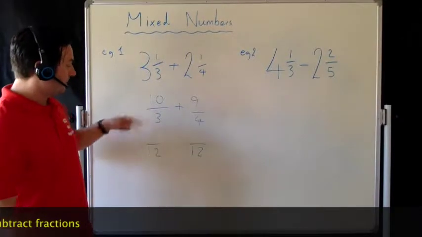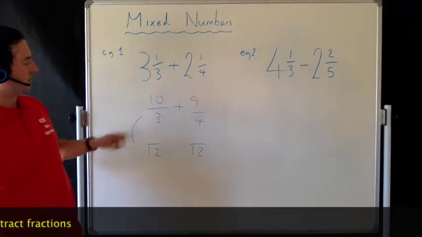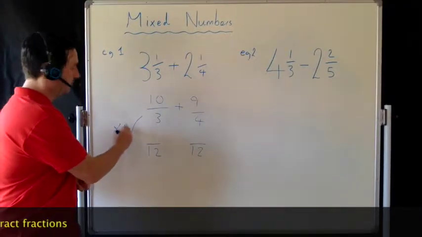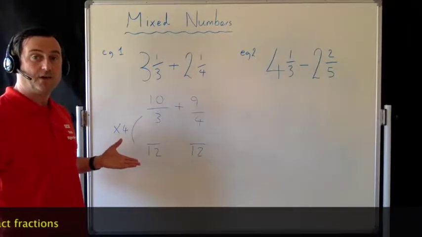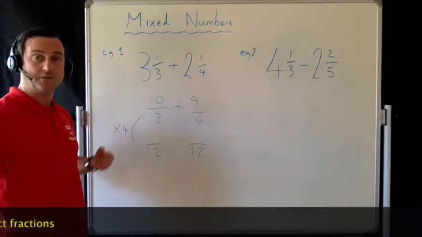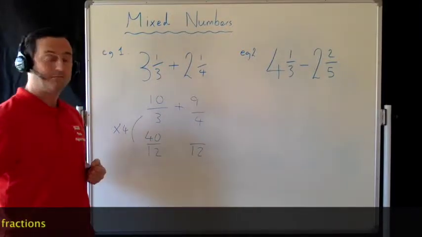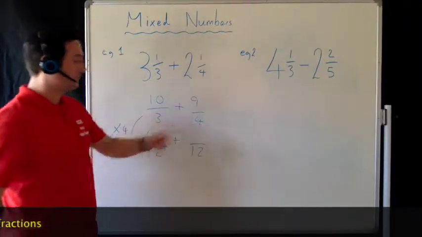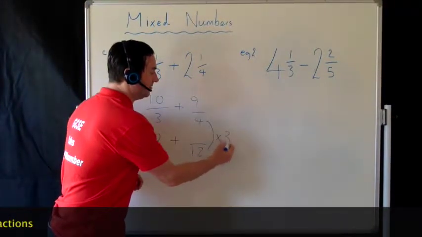I'm now going to say, what did I do to the denominator on this one to get to 12? I timesed it by 4. If I've timesed the bottom part of the fraction by 4, I need to times the top part by 4 to keep it equivalent. 4 times 10 gives me 40. On the other fraction, I changed the 4 to a 12 by multiplying it by 3.